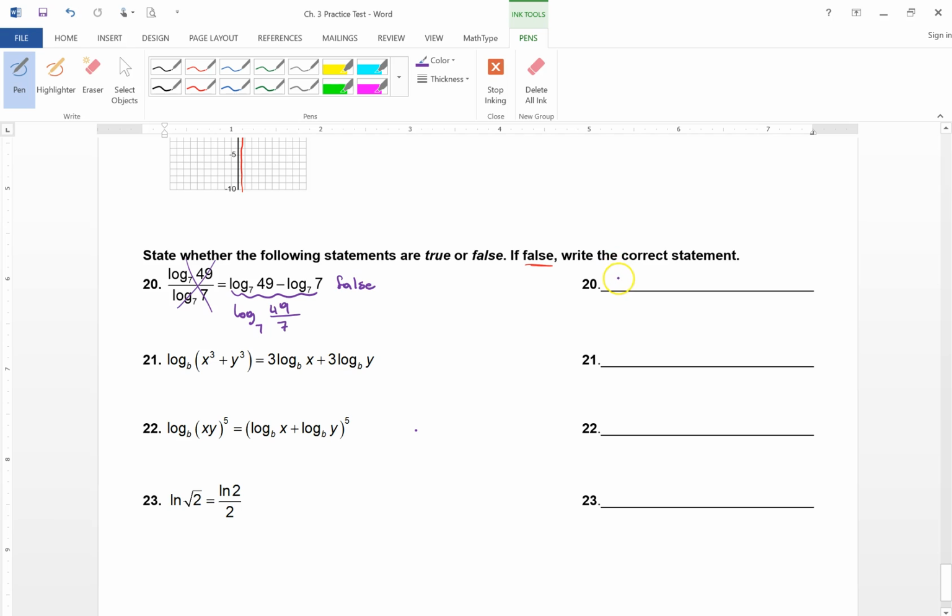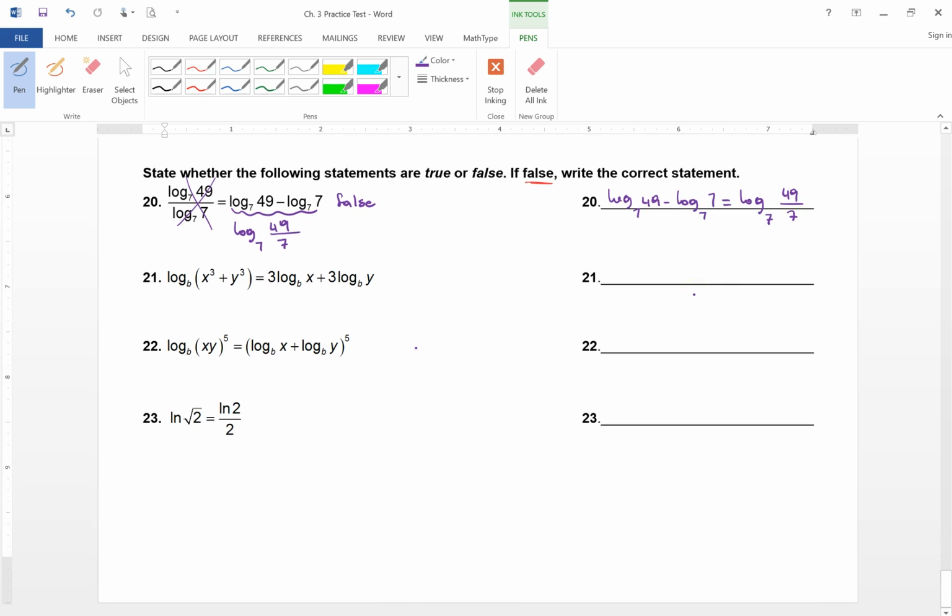So what do we have to write? You would say log 49 minus log 7 equals log of 49 over 7. What would it equal?